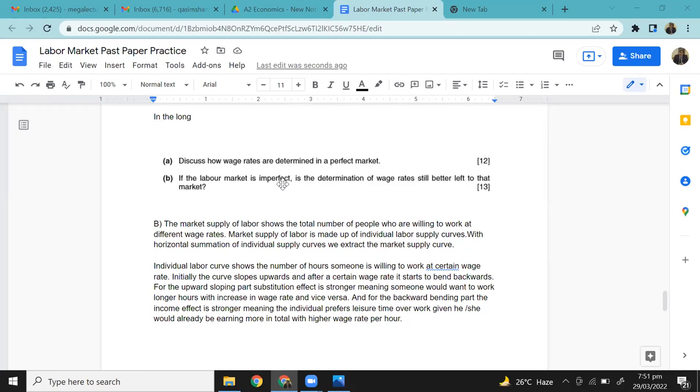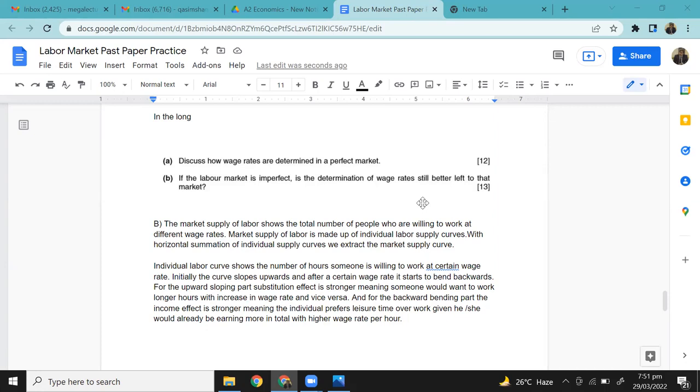Okay, is this making sense? Yeah, sure, I can repeat that. What I was saying here, Abdullah, is that the question was saying, look at the question: if the labor market is imperfect, is the determination of wage rates still better left to that market?